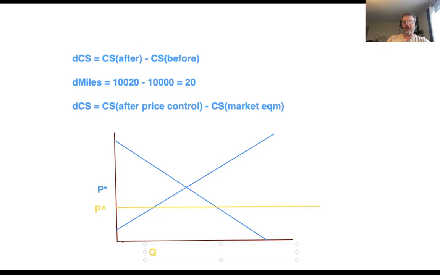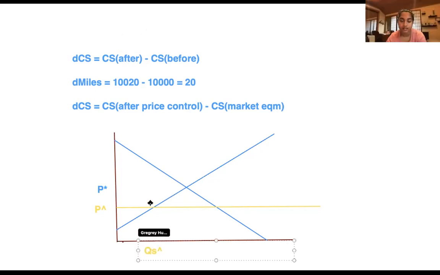Actually, what matters is the quantity supplied at that price. I don't know if you can see it on my diagram clearly. Yeah, I can. It's where supply and that price line intersect, essentially.